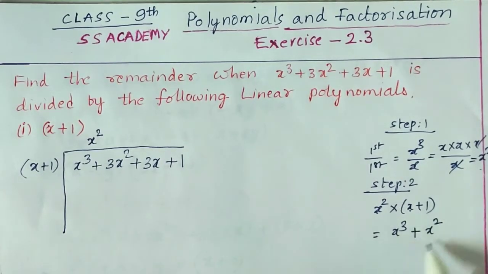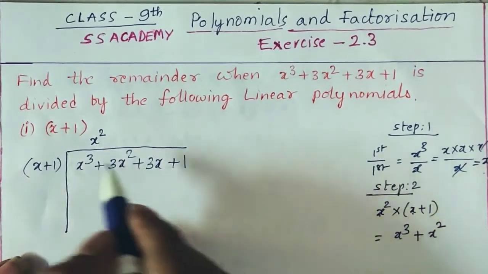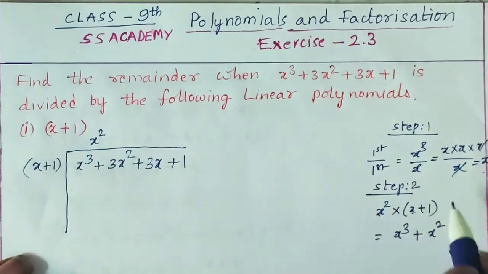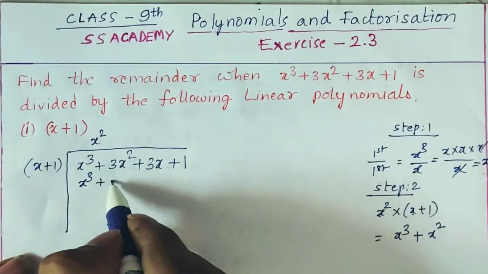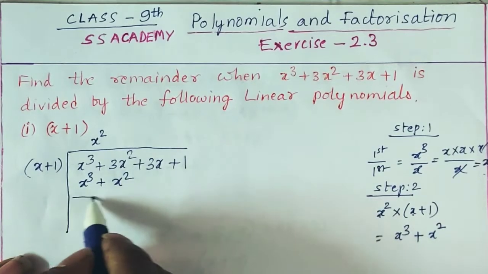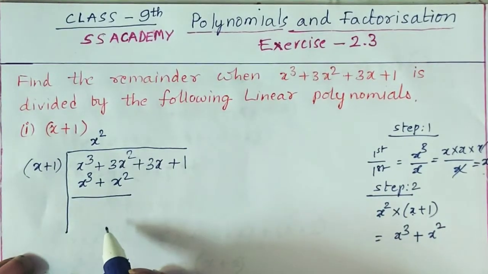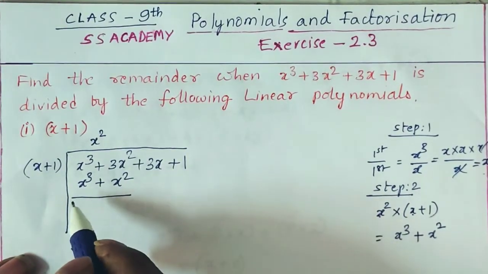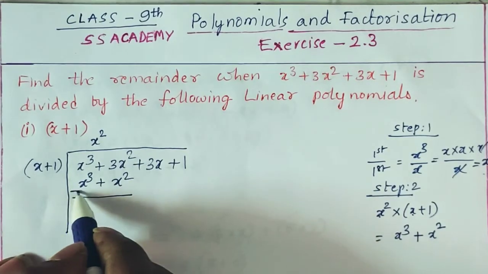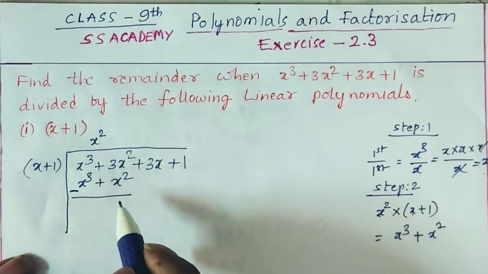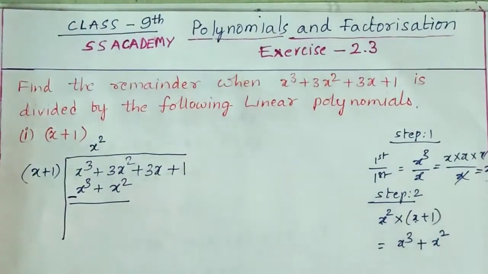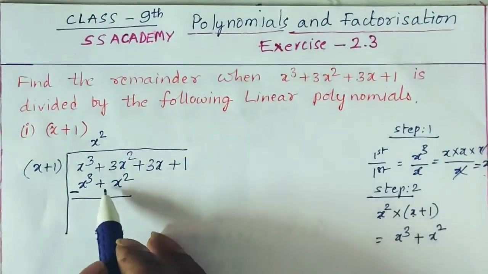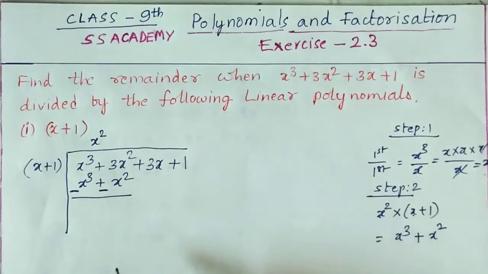Now you have to subtract this. Write this x cube plus x square here. Now you need to subtract. Whenever you subtract, you need to change the signs. Here it is plus x cube, so you change it into minus, and plus x square will become minus.